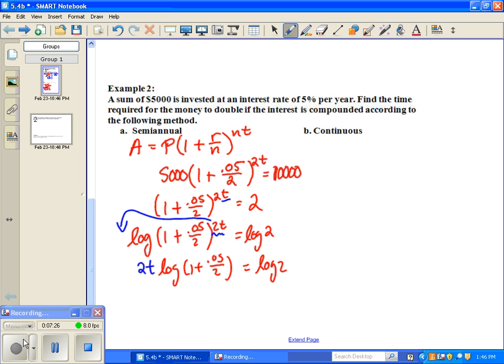Okay, so the next thing, the stuff inside the log, I'm just going to plug this in the calculator and figure out what number that is, just to make my life a little easier. So we have 2t log of 1.025 equals log of 2. So I'm going to divide both sides by log of 1.025.